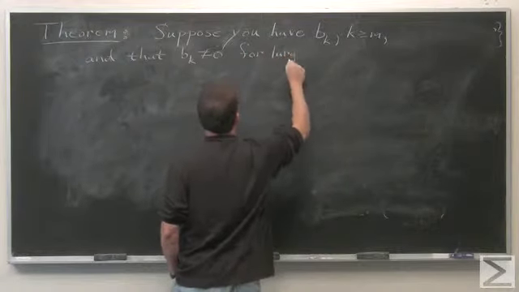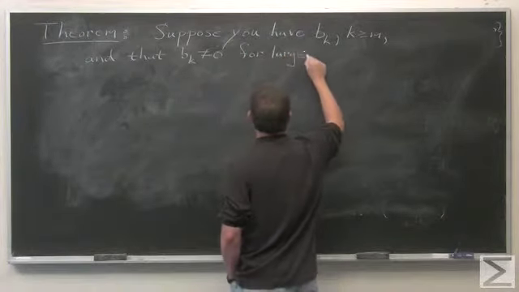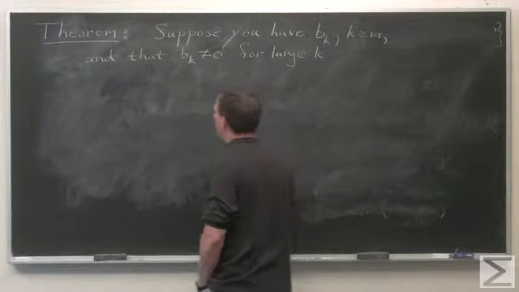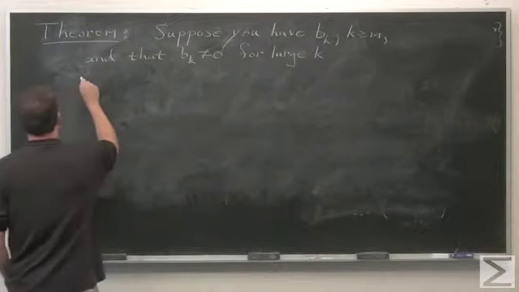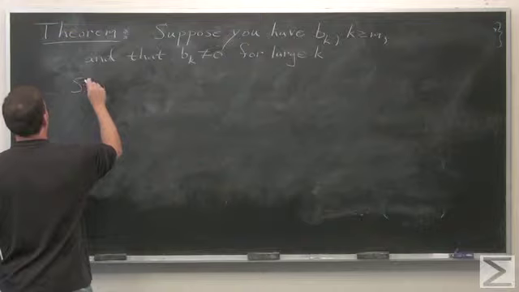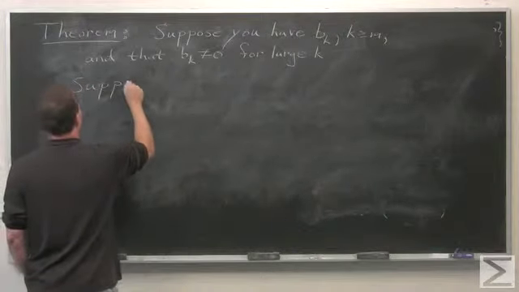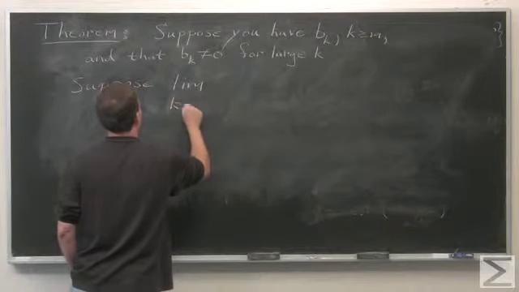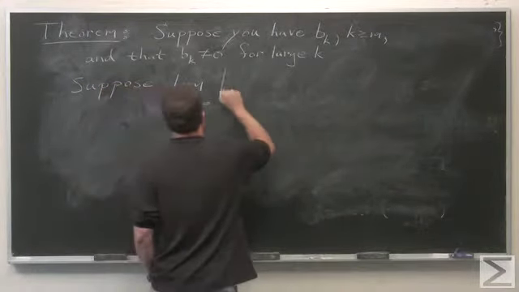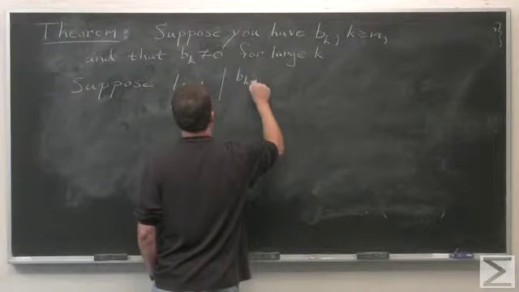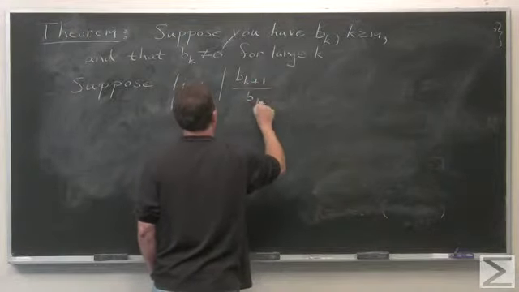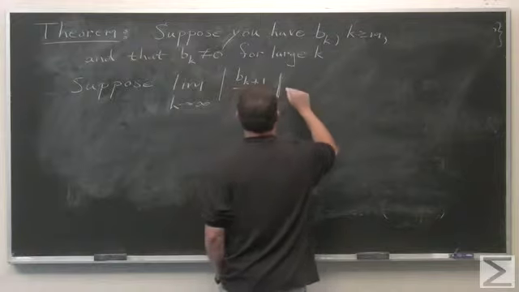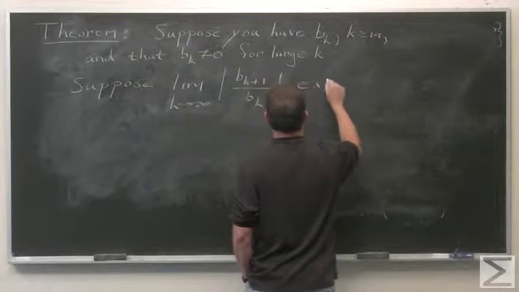So eventually, none of the bk's are 0. Suppose the limit as k approaches infinity of the absolute value of the kth plus first term over the kth term exists and equals L.